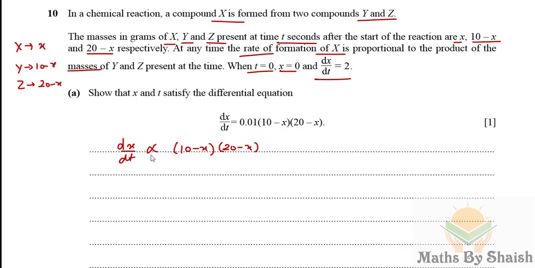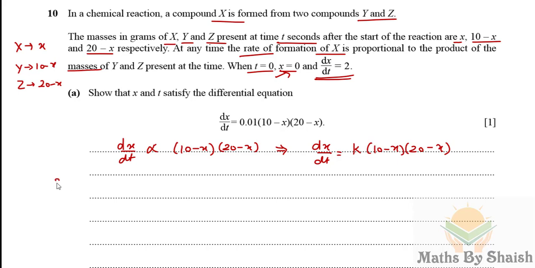If we remove the proportionality sign, we can use a proportionality constant, and hence dx/dt = k(10 − x)(20 − x). But it is given that when x = 0, dx/dt is 2.